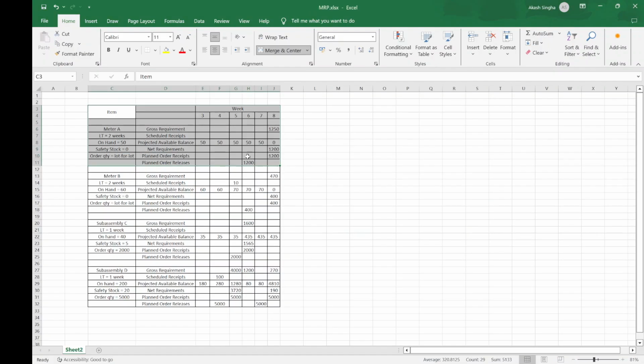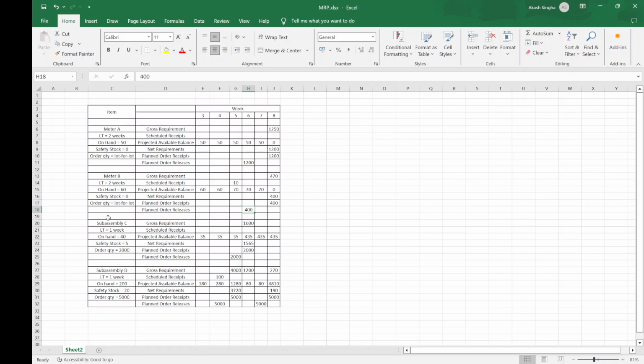So the available balance will be 60, and after this 10 is added, 70 will be on hand. Now at the end of the eighth week we need 470, and this 70 is in hand, so we need 400 more. For 400 in the eighth week, we will have to order 2 weeks before that. In the sixth week, we will order 400.